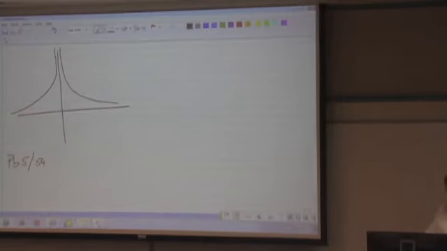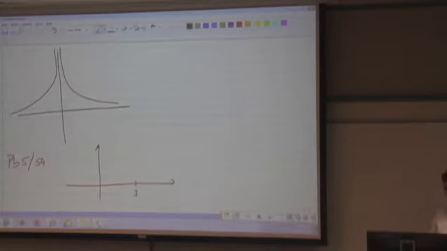It says, sketch the graph of a function that is continuous everywhere except at x equals 3, and it's continuous from the left at 3. So, any thoughts?